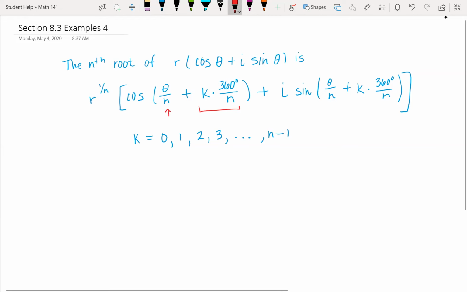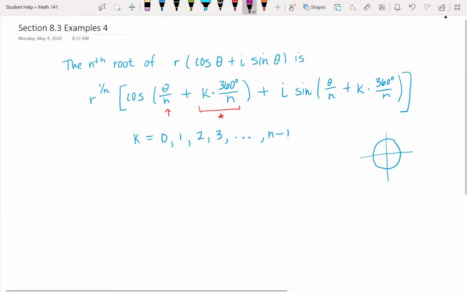And then what we do is we figure out how far apart those angles are spaced, and this part here is adding the number of degrees to space them out evenly. So if we have square roots, for example, there are only going to be 2 of them. And if one of them is here, the other one is going to be 180 degrees away from that first angle. If we are finding, let's say, cube roots, there would be 3 of them.